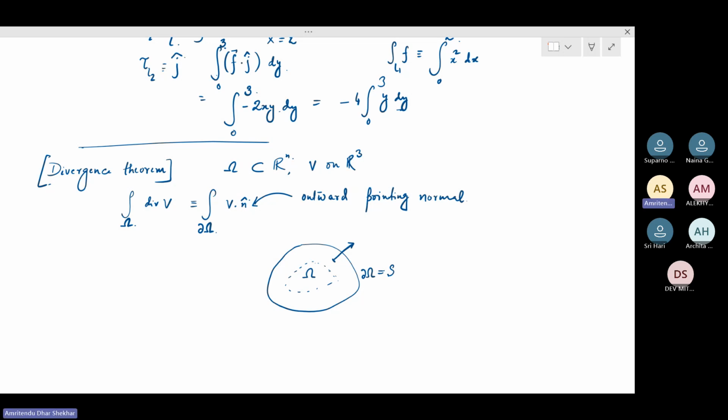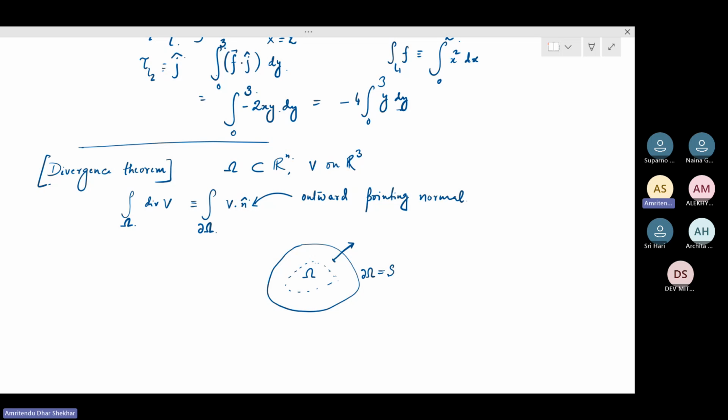Of course, for some things like these to be well defined, the surface S has to be a two-sided surface, which means that it has to be an orientable surface and all those things. So we're going to assume that this is an orientable surface. Otherwise the notion of boundary is not well defined.